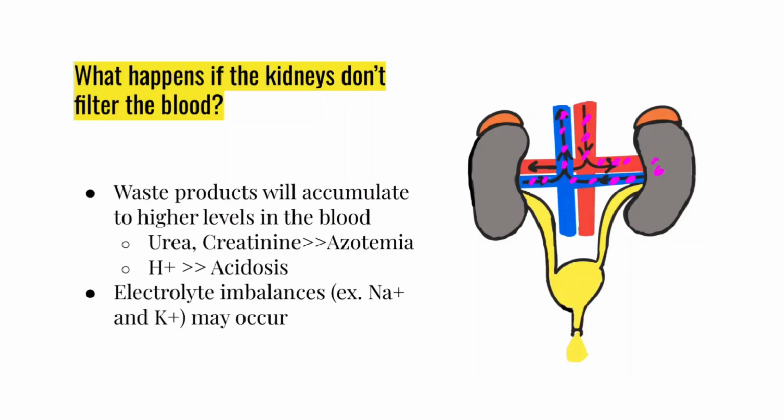So we're not going to lower their concentration. And remember, we're continuing to produce more of these waste products. So what's going to happen eventually is the levels of these waste products are going to reach very high levels in the blood, and this can be problematic. Okay. So things like urea and creatinine are going to reach very high levels. We call this azotemia. And commonly, hydrogen ions can reach very high levels, and we call this acidosis.